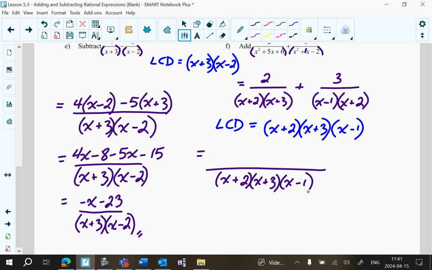But no, it's not. So what do I have to multiply the first numerator by? What's in here that's missing here? x minus 1. That's what I've got to multiply this one by. Plus the second numerator, what do I have to multiply this one by? x plus 3.